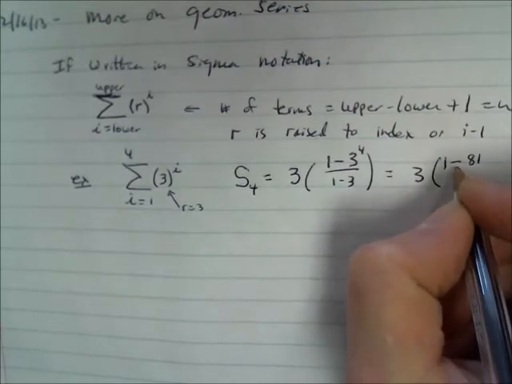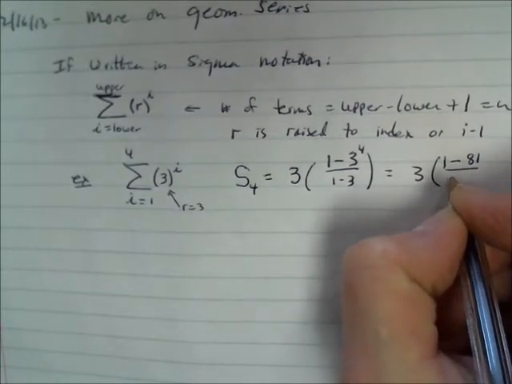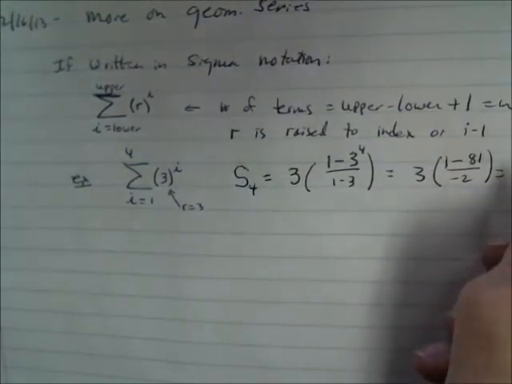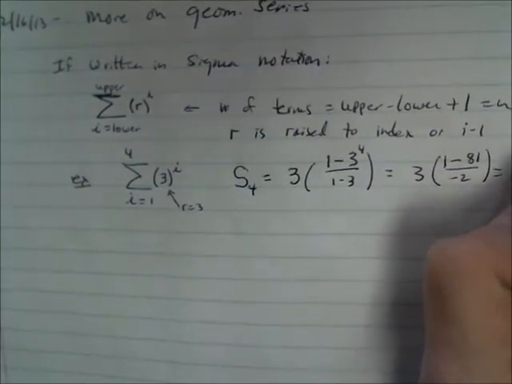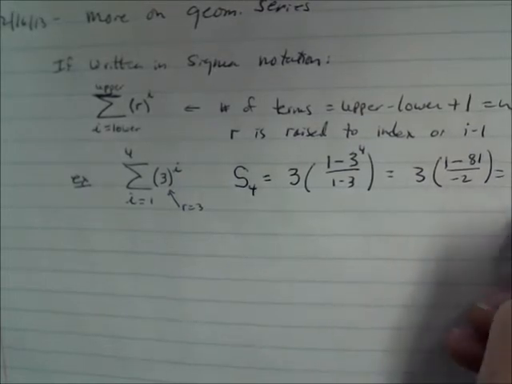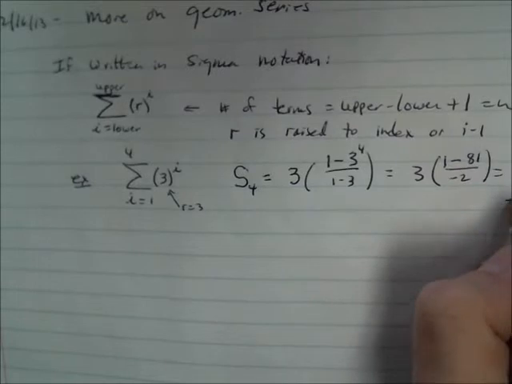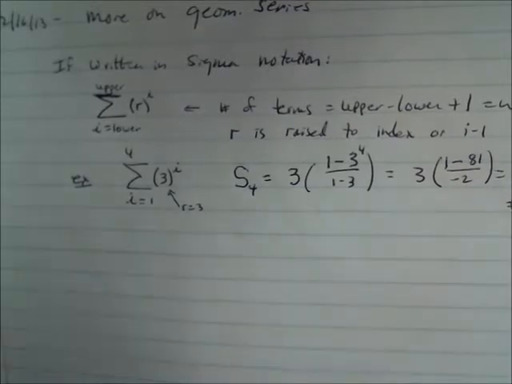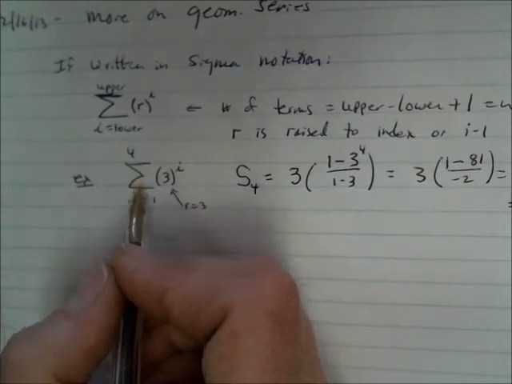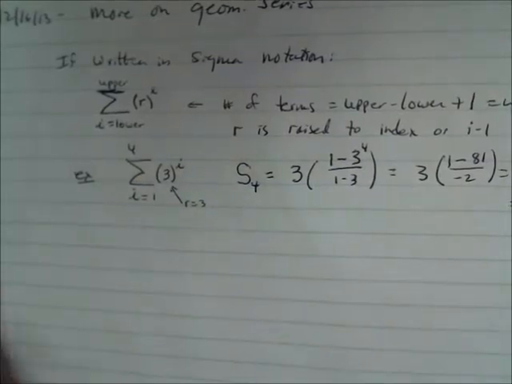So we have 1 minus 81 over negative 2. And 1 minus 81 is negative 80. So it's 3 times negative 80 over negative 2, which is 3 times 40, which is 120. So there's that first example of a geometric series written in sigma notation.